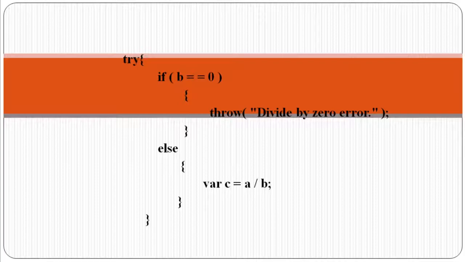That exception is caught by the catch statement. Here, if b is equal to 0, then it will raise an exception. It throws a divide by 0 error. If the b value is not equal to 0, then it will execute the statement c equals a by b.